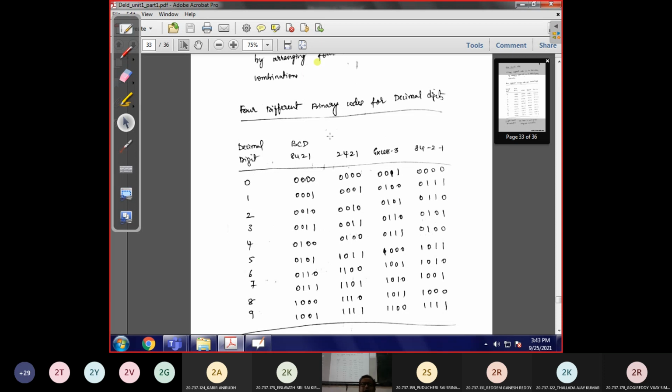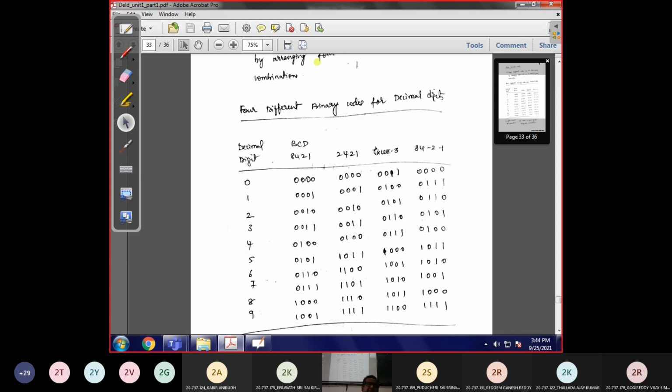So in this way, we have different binary codes. There can be weighted binary codes and non-weighted binary codes. From this table, the 8421 code, 2421 code, and 84-2-1 codes are examples of weighted binary codes. XS3 code is an example of a non-weighted binary code.